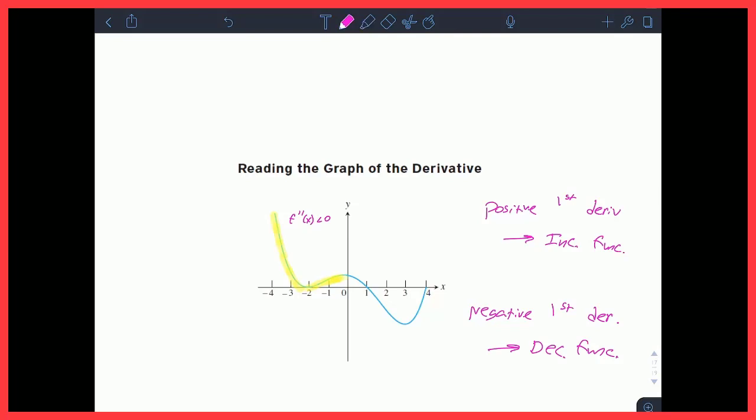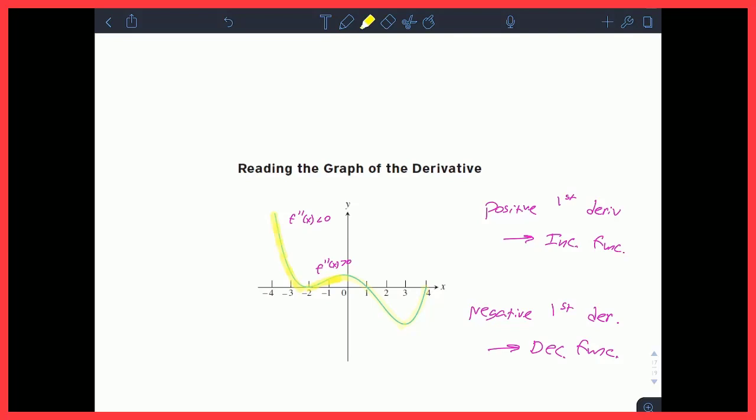When f prime of x is increasing, I know that f double prime of x is positive from there to there, right? And then I could continue, and I could move down here, and I know that it's negative from here to here, and it's positive from here to here. And that gives me concavity directly. A negative second derivative yields concave down intervals, and a positive second derivative yields concave up.